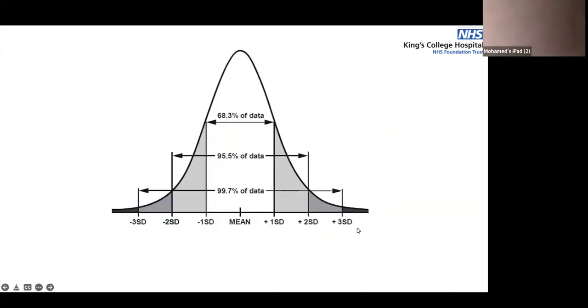When we look at data, one of the first questions you should ask yourselves, if you're given a data set of 100 by 100, 1,000 by 1,000, is: is the data normally distributed? That's the first question you should always ask yourself.